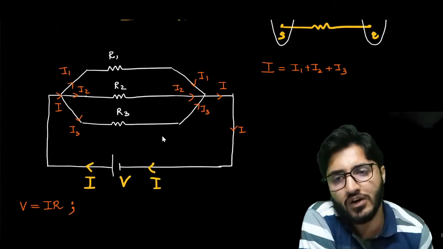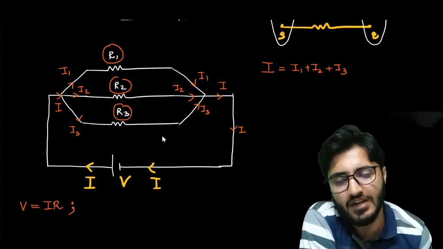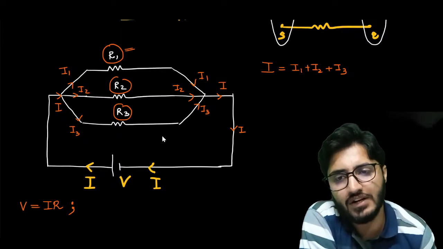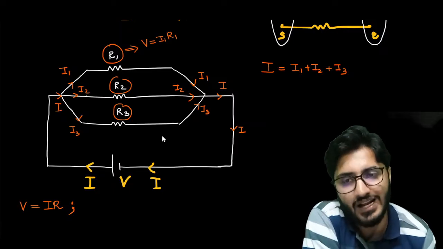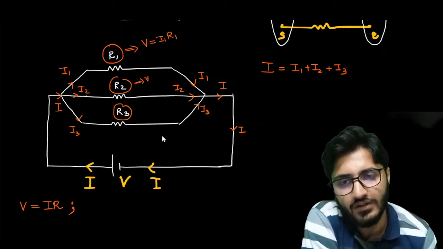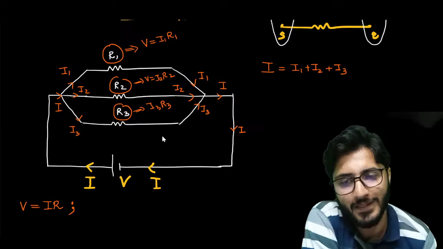So potential across R1, potential across R2, potential across R3 remains same. So for this one, what I will write? Sir, is it V is equal to I1 R1? Can I write like this? This V, is it I2 R2? This one, I3 R3. Done?